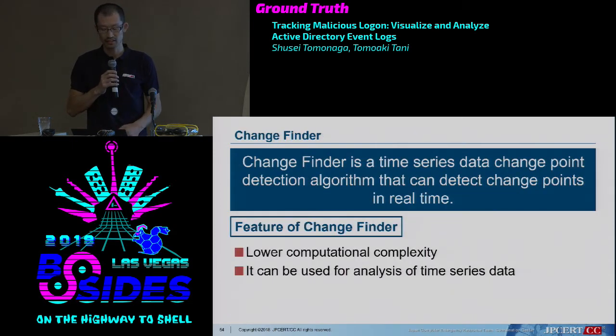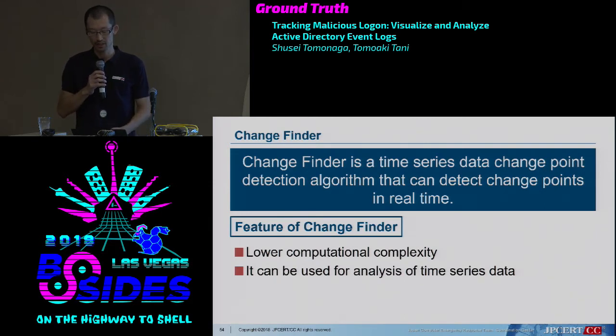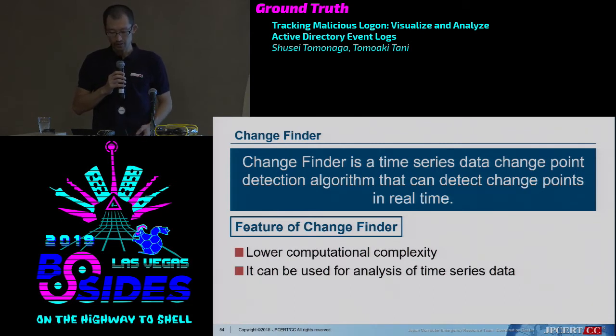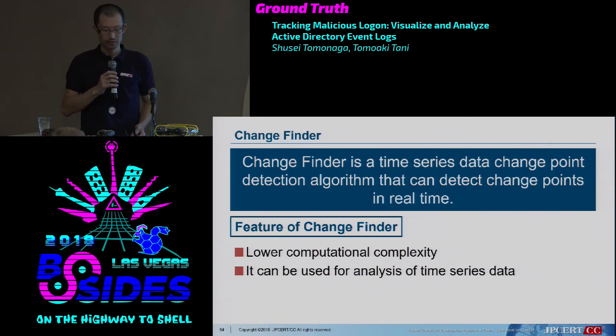ChangeFinder is a time series data change point detection algorithm that can detect change points in real time. A feature of ChangeFinder is low computational complexity. Therefore, it is used for real-time anomaly detection. If ChangeFinder detects a timeline anomaly, the rank will be higher.